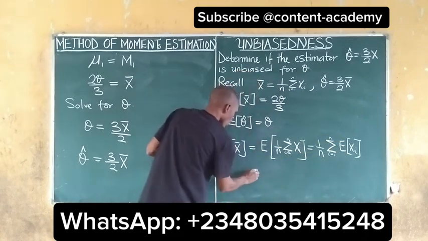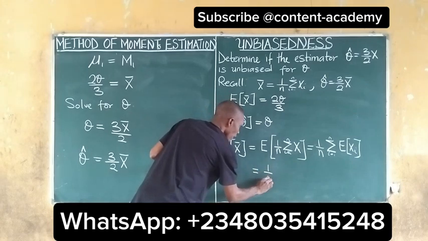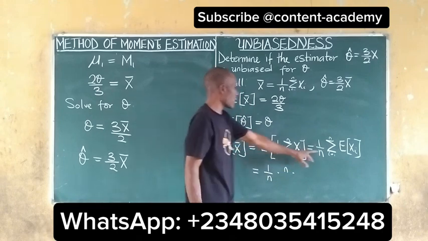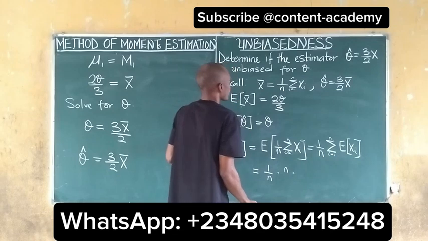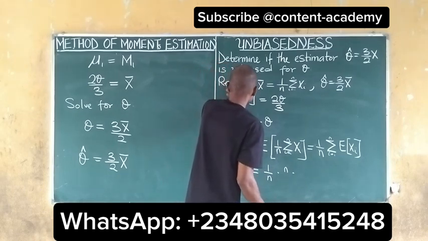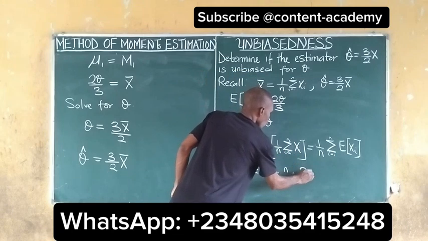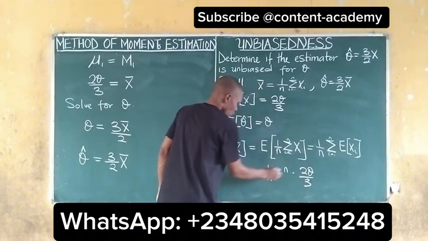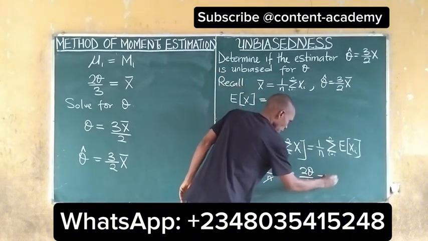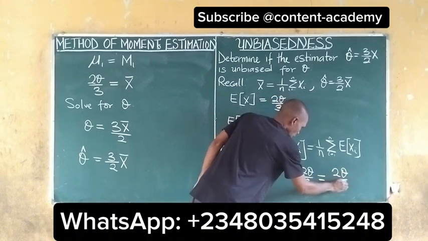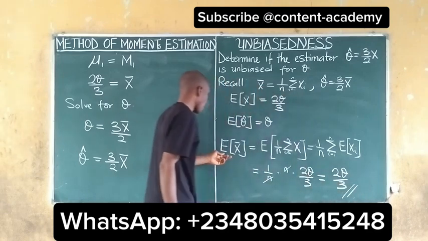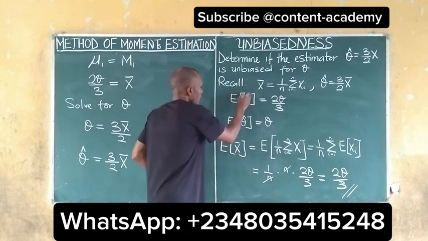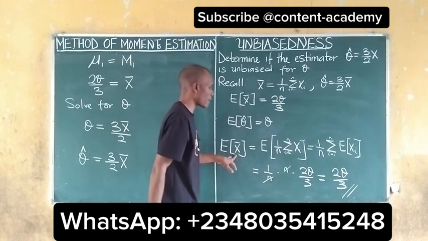So we have 1 all over n multiplied by n multiplied by what we got as our expected value of xi. What we got as our expected value of x is 2 theta all over 3. So if this n cancels this n, we get 2 theta all over 3 as our expected value of x bar.